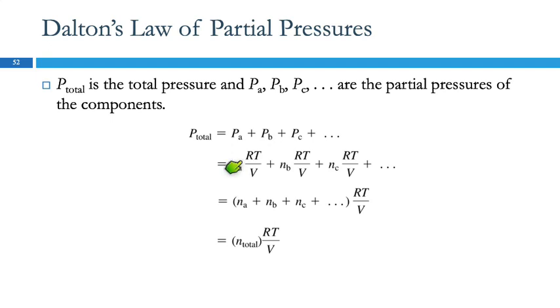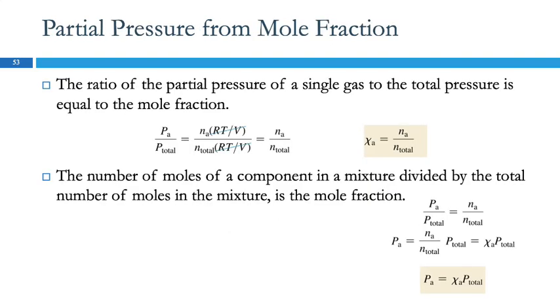And so what they're doing here is factoring out the RT over V, and so then we find that the total pressure is equal to the total number of moles times RT over V, which is kind of what we said before. Because the moles don't change. Because what the particles are doesn't change anything. 1 mole of helium and 1 mole of neon, it's the same number of particles.